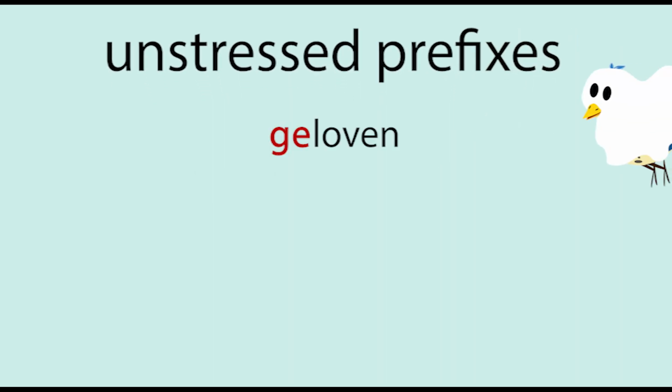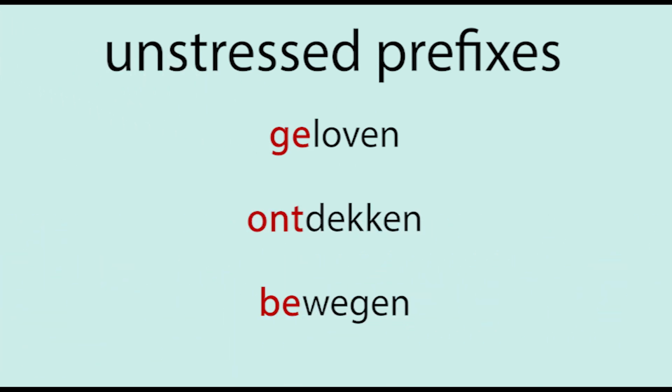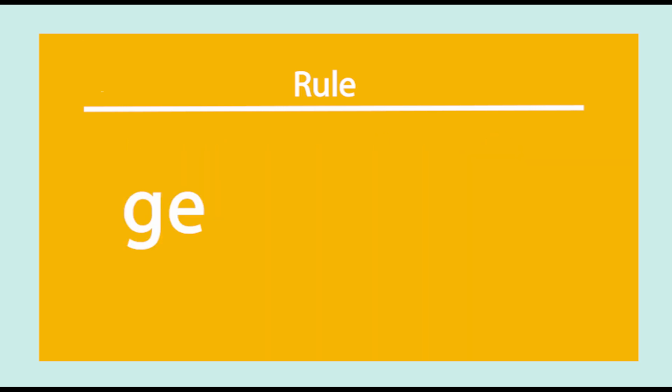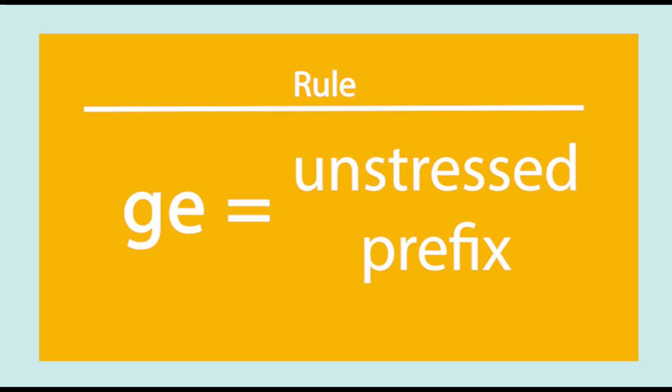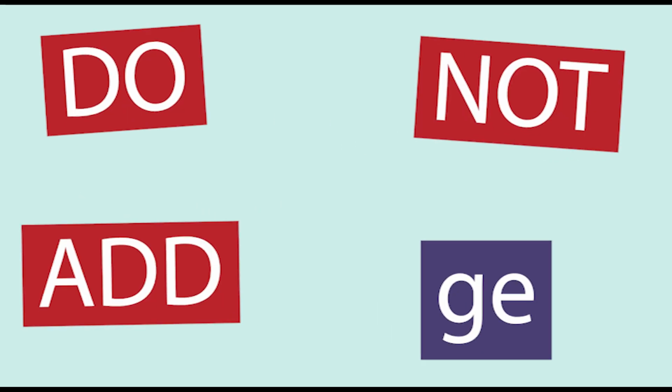For example, geloven, ontdekken, bewegen. Here comes a rule. If a verb starts with an unstressed prefix, just don't add ge in the past participle. Ge is also an unstressed prefix, and you just don't use two unstressed prefixes in a row. So the solution is just not to add the ge.